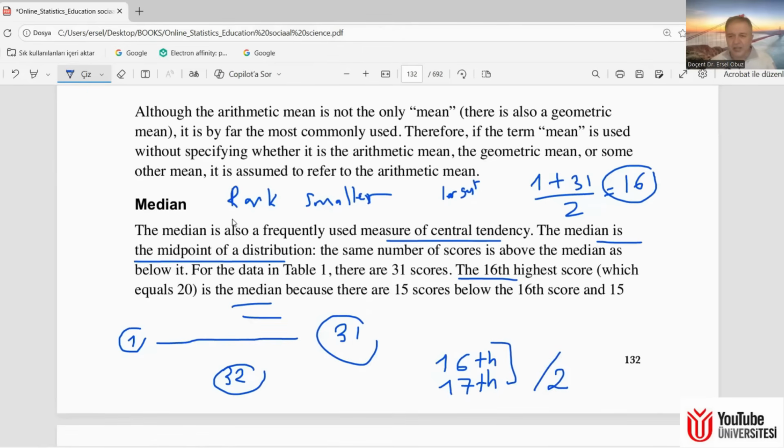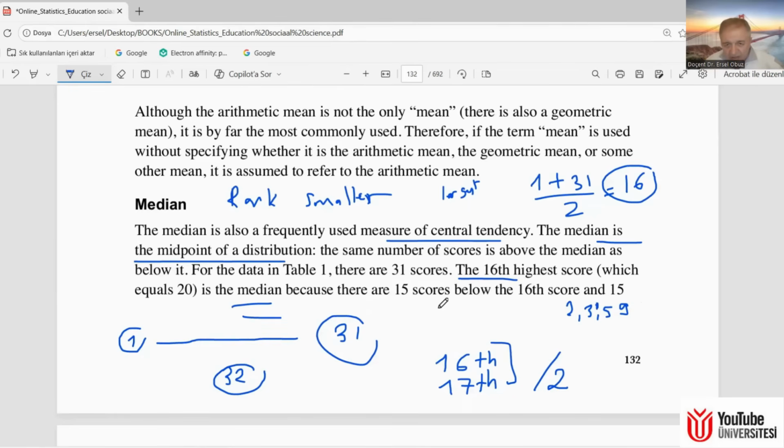Let me give you a small example. You have 2, 3, 5, 9, right? So let's get the median here. Do we have a midpoint here? No. What we have is 3 and 5.